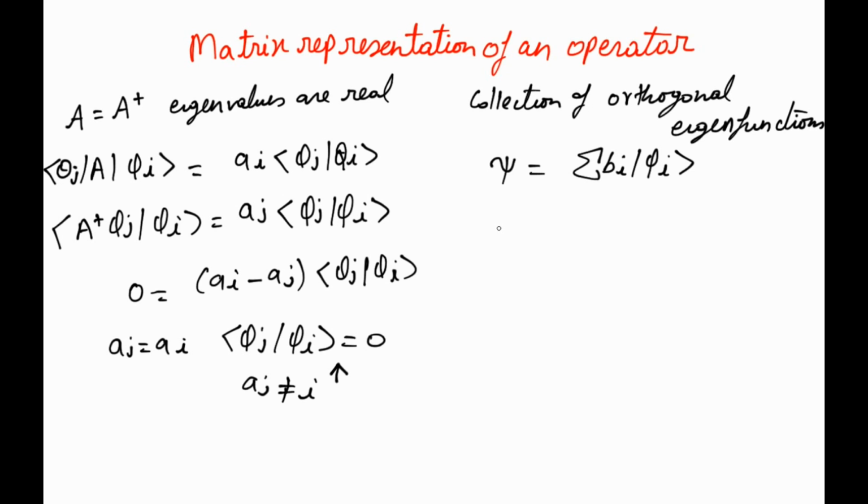And one more thing that can be understood is that because they are orthogonal, phi i phi j is delta ij. And so let's calculate this particular quantity: psi, operator A, psi. The expectation value of the operator A on the state vector psi.